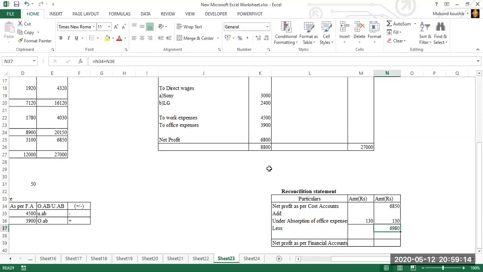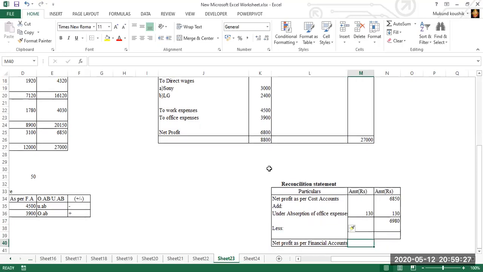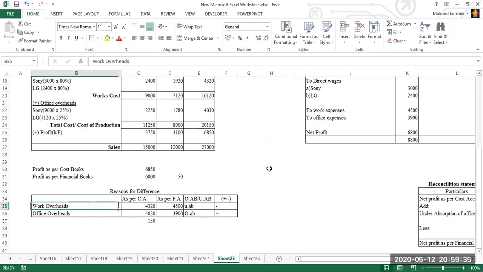Then again, there is one item, which is work overheads.